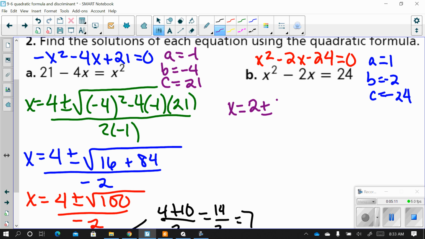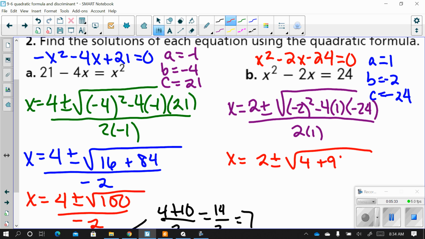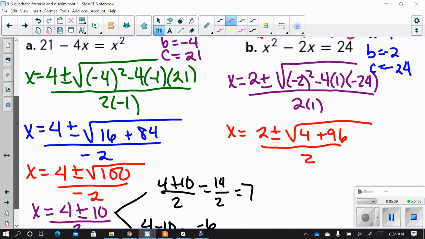Negative b plus or minus the square root of b squared minus 4 times a times c, all over 2 times a. x equals 2 plus or minus the square root of negative 2 squared, which is 4. Let's see, 4 times negative 24 is a positive 96, all over 2. Oh, look at that, again we're going to get the square root of 100.